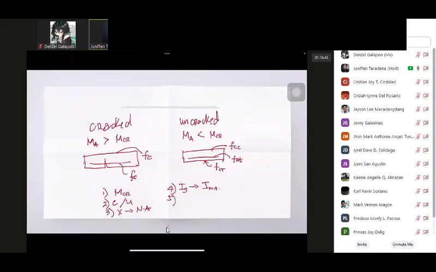Fifth, solve for the stresses. The general formula is F equals MC over I. Your I must be about the neutral axis, M is the actual moment, and C is the distance from the neutral axis to the fiber.